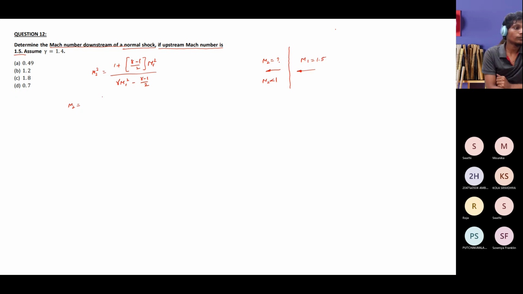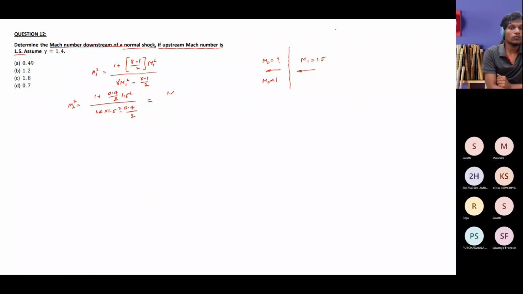M2 square equals 1 plus 0.4 over 2 times 1.5 square, upon 1.4 times 1.5 square minus 0.4 over 2.